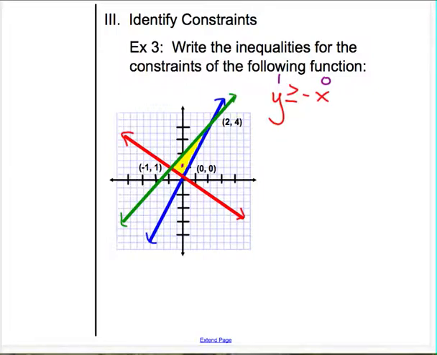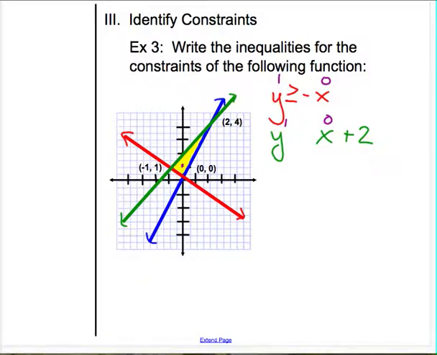Looking at my green inequality, this one has an intercept of 2 and a slope. It goes through 2, 4, so slope of 2 over 2 or 1. And again, I'm going to use that ordered pair 0, 1. If I substitute 0 for x and 1 for y, it needs to be true.